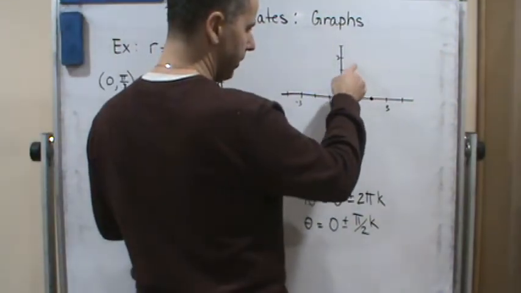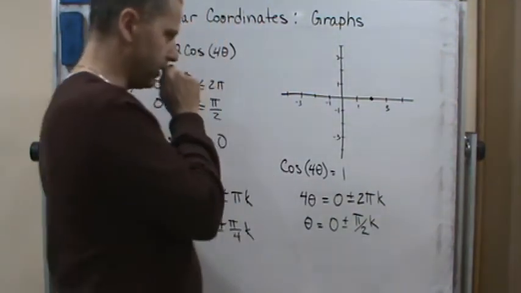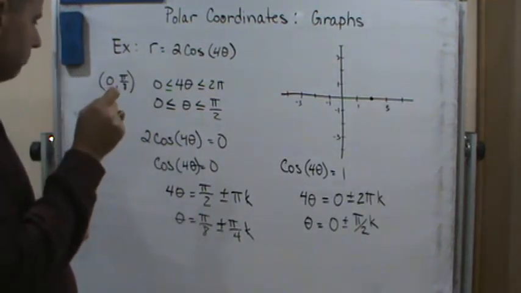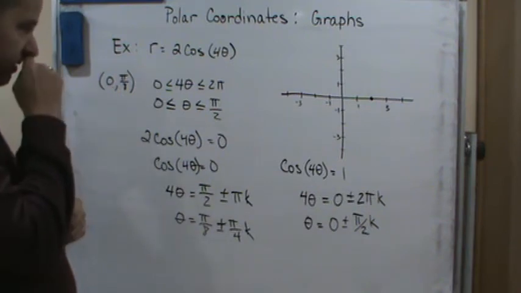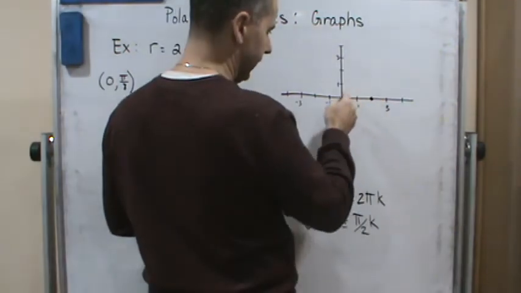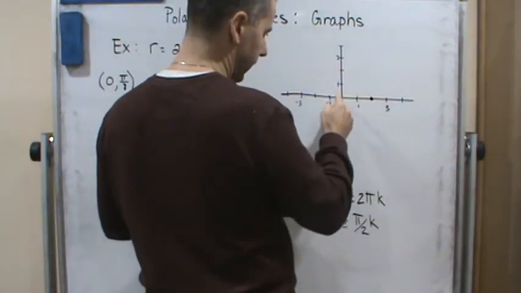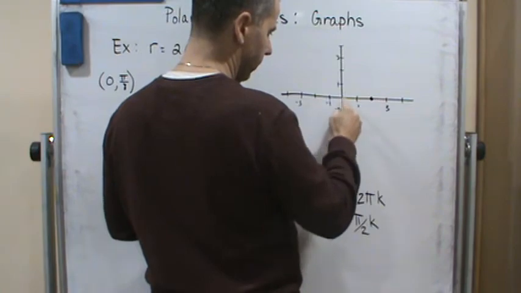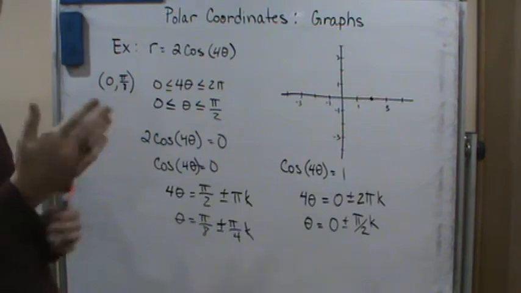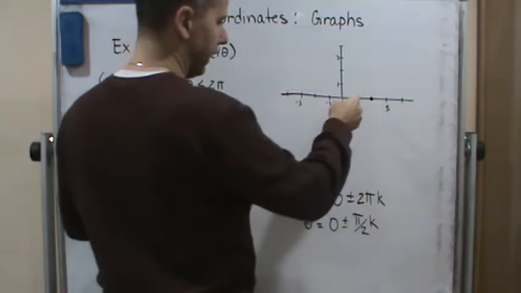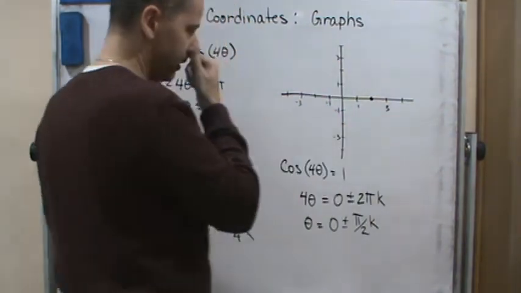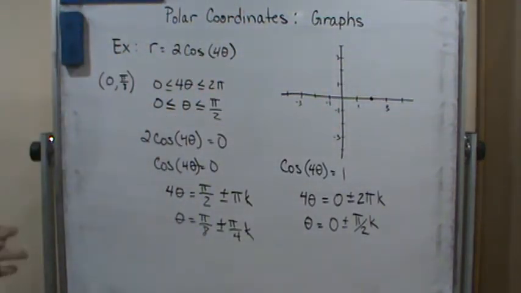I'm going to have a petal here, here, here, and here, and then a petal here, here, here, and here, because I've got to divide the 8 petals among the quadrants. So I'm going to have petals along the axes, and then in between the axes.